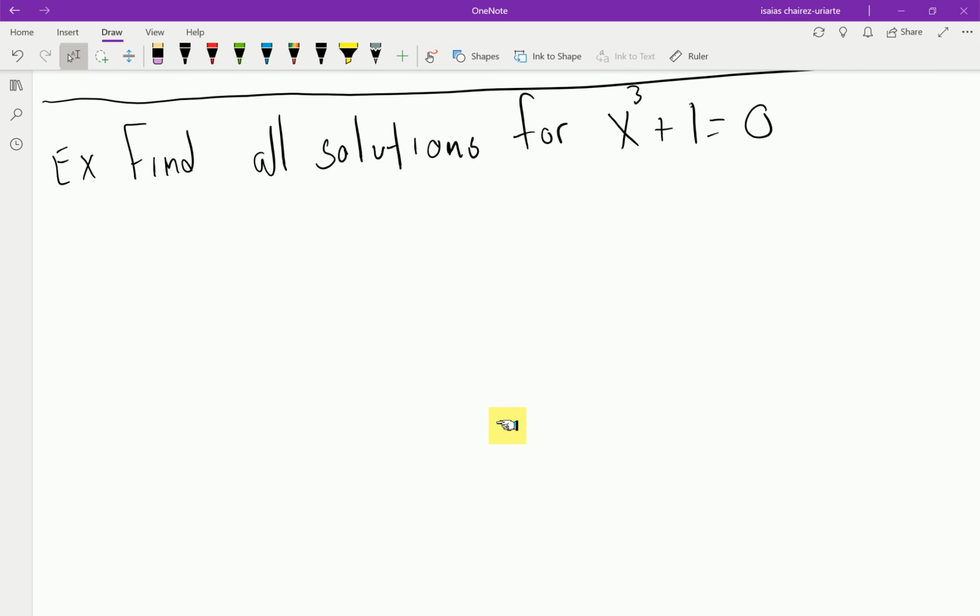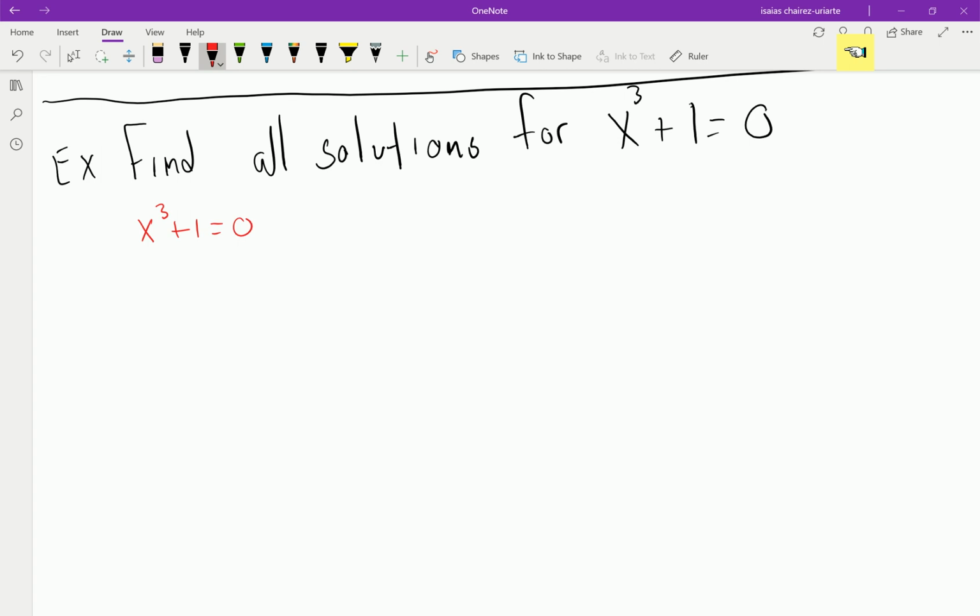Last example. Let's find all of the solutions to this equation right here, x cubed plus 1. According to the fundamental theorem of algebra, I should be able to find 3 solutions to this equation. So I have x cubed plus 1 equals 0.